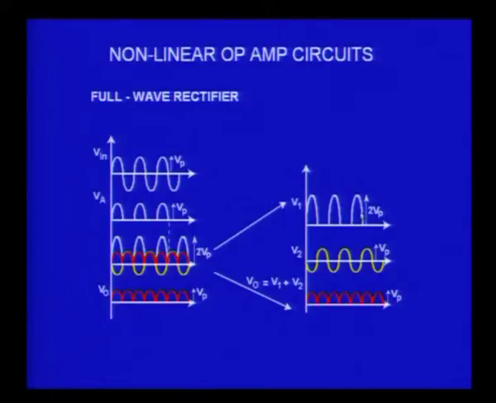This signal becomes 2 V peak as a peak voltage, and the other signal is the input signal which is coming to the summing amplifier, and for that the gain is 1, and therefore the same output is also there. So, these two signals will be added at the output, and what I get will be the sum of these two. If I add these two, what is going to happen? This is 2 V peak, this is V peak in the opposite direction. So, when I combine these two, I will get only 1 V peak in the upward direction.